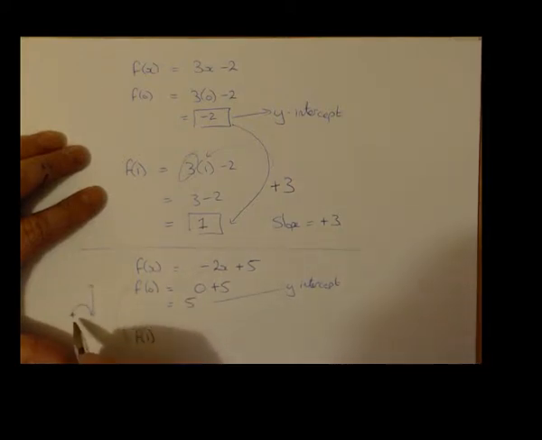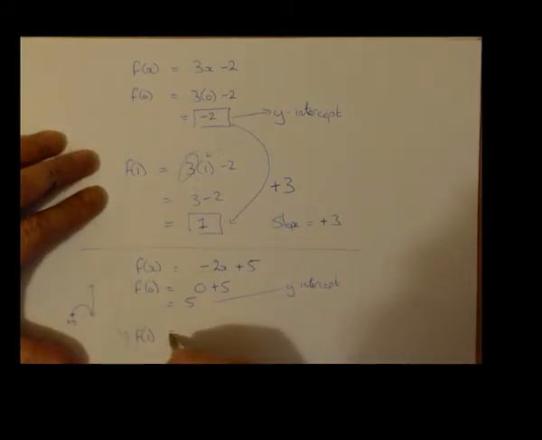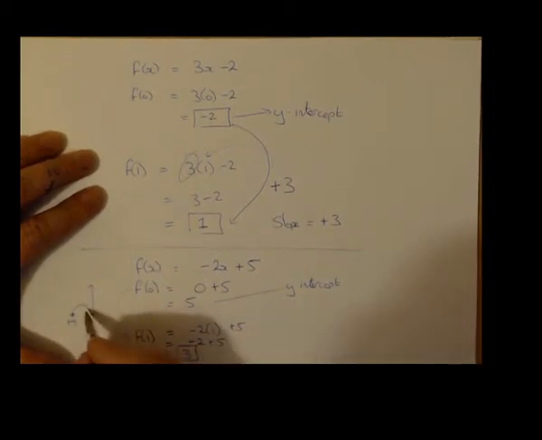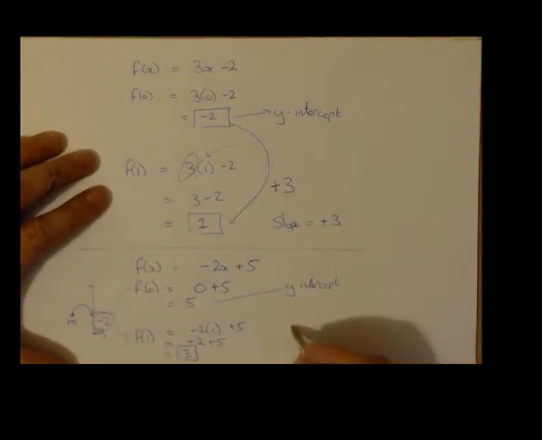So at f of 0, we're at +5. How far do we go up to? So we've gone from 5, we've actually gone down to 3. So we've gone down 2, and our slope is -2.